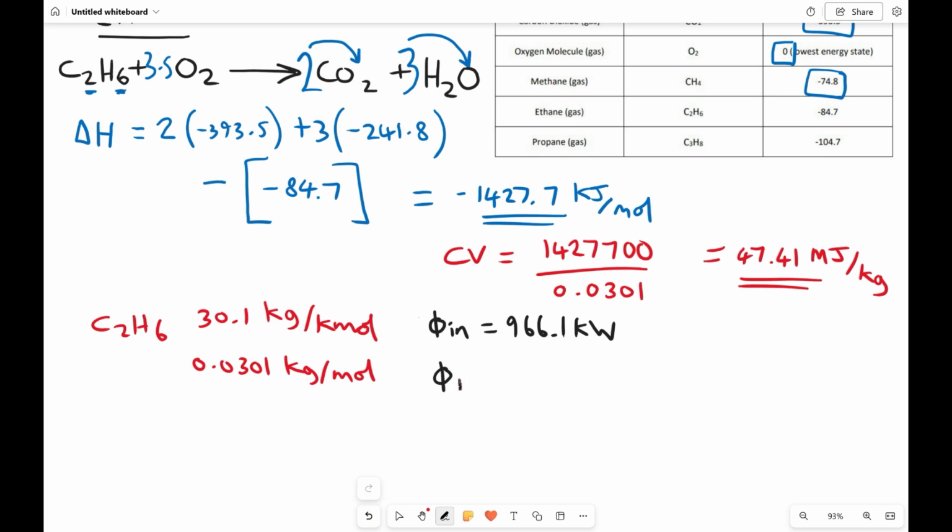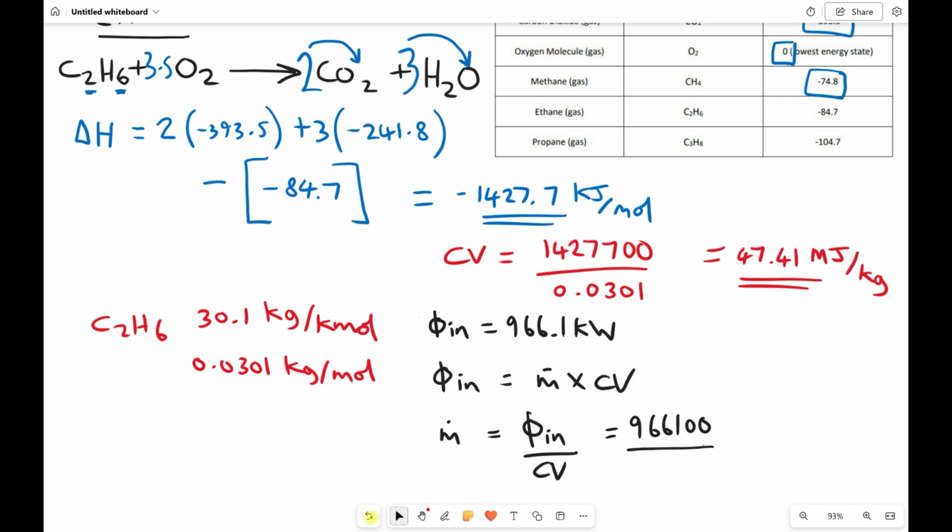We know that the energy in our combustion chamber is the mass flow rate of the fuel times the calorific value. And so we know that the mass flow rate of the fuel is the energy in divided by the calorific value. Our energy in is the same, 966,100 in watts, SI units.